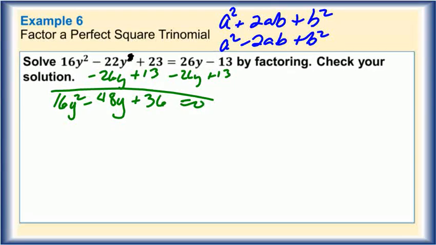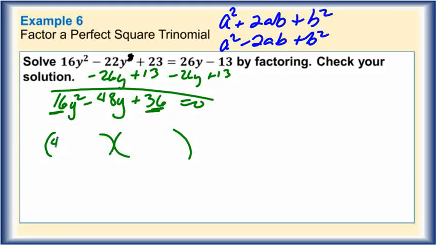Now for perfect square trinomials, the first term has to be a perfect square, the second has to be a perfect square. And if you take the square root of those, that's 4 and 6. 4 times 6 is 24, and if I double that, that should give me the middle number of 48. So I have two binomials.